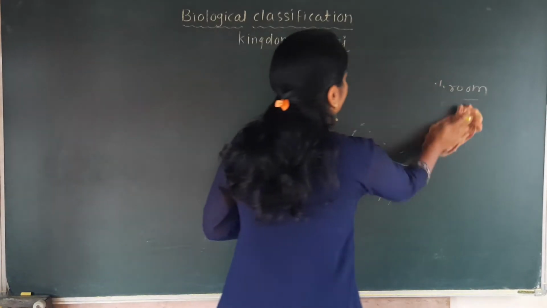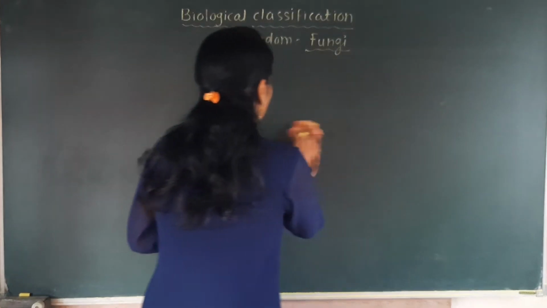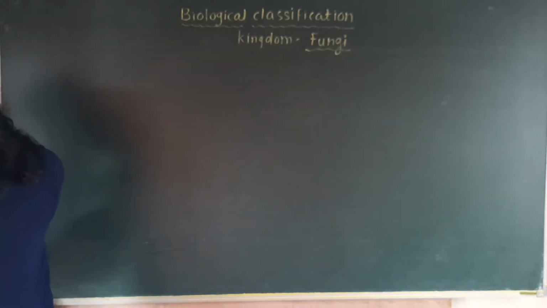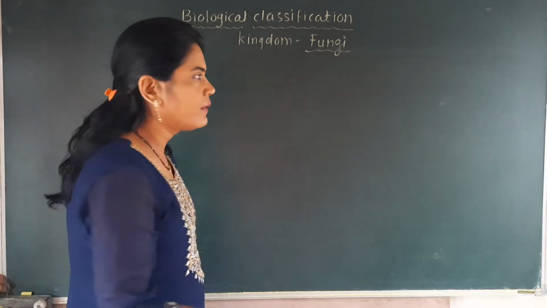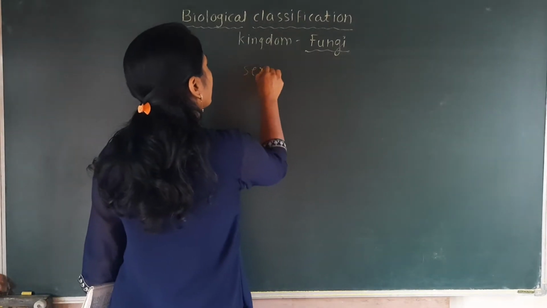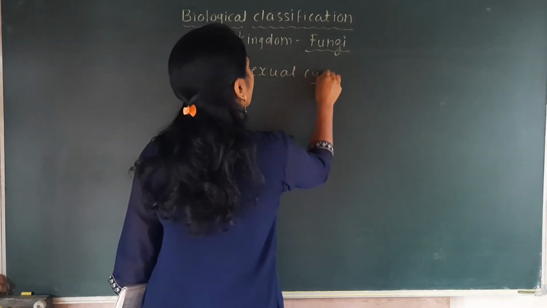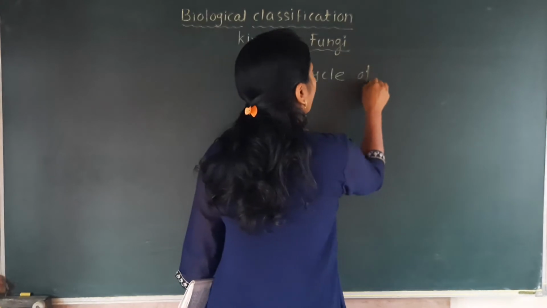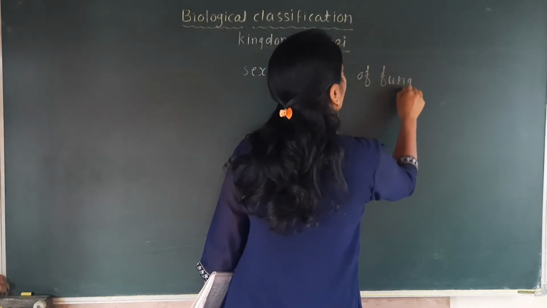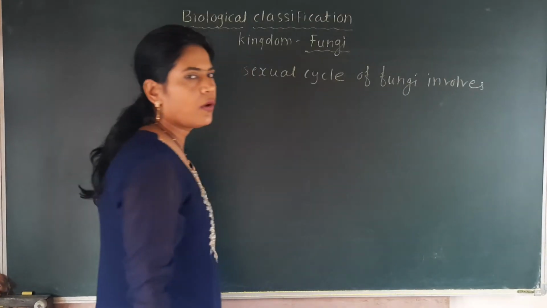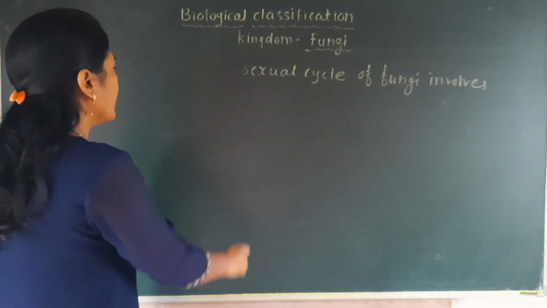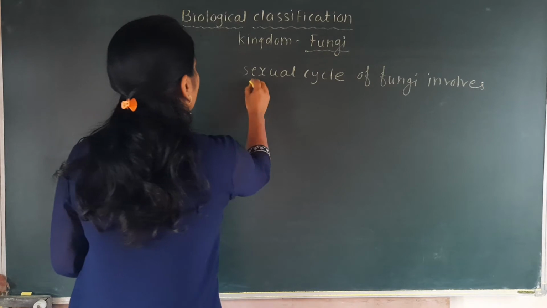See here, this reproduction that we call as the sexual reproduction takes place in the fungi, and it involves events. So we say that the sexual cycle of fungi involves three methods.